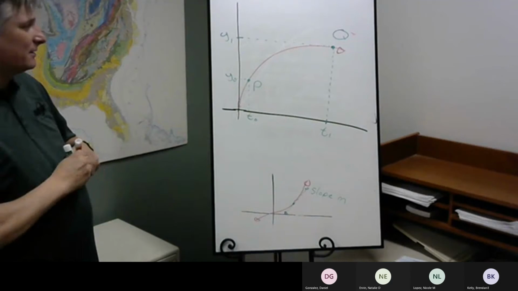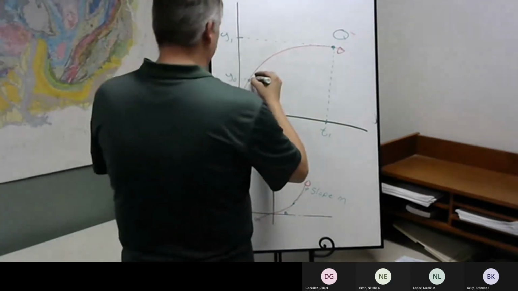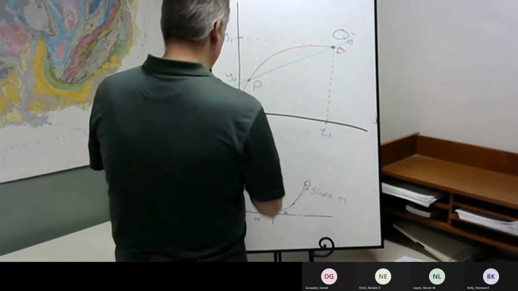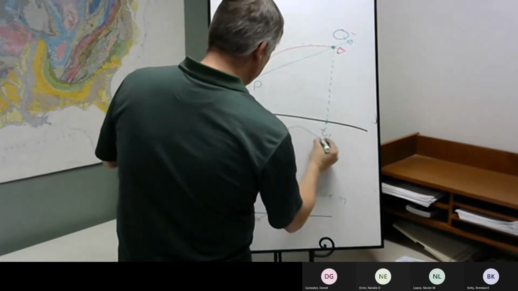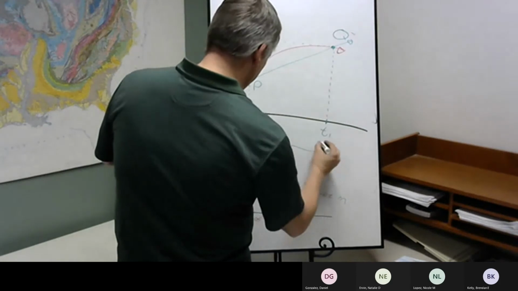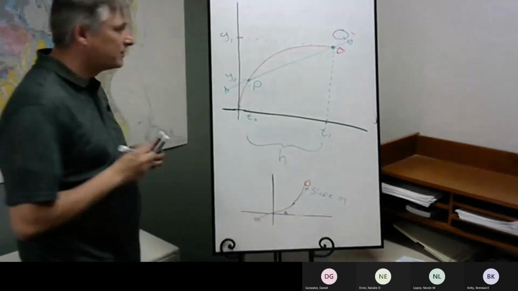So what we get is that secant line. And the difference here is going to be h.